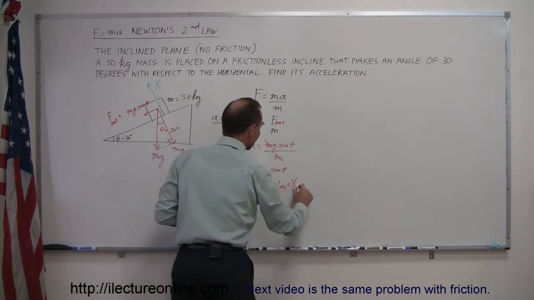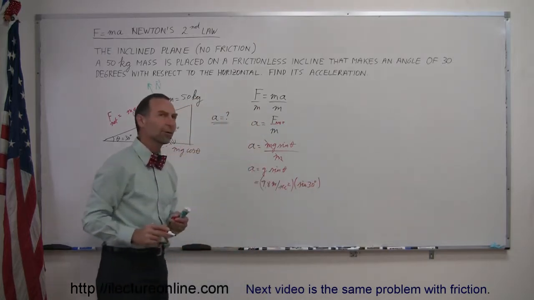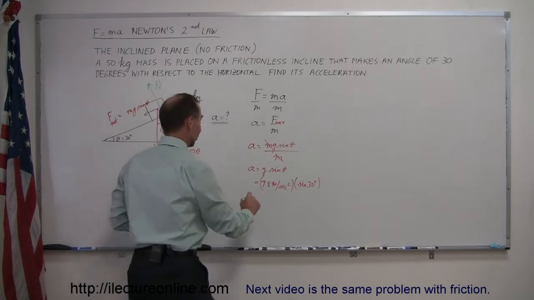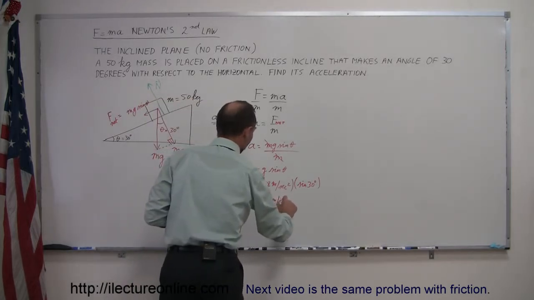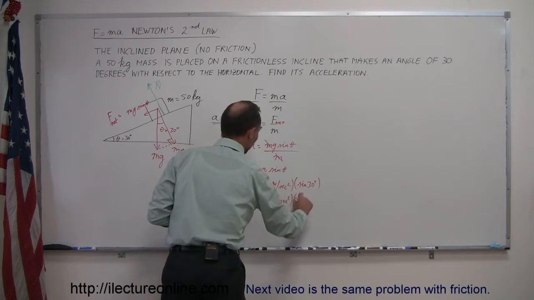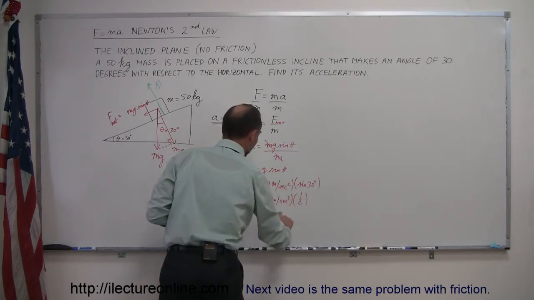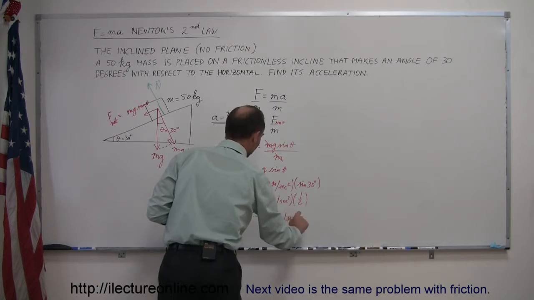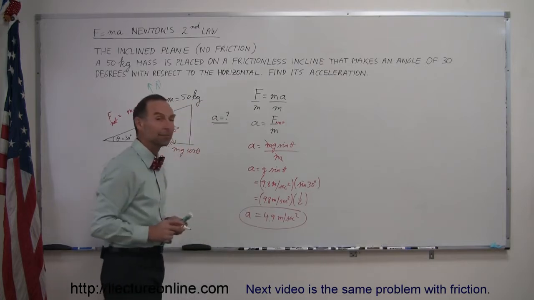And the sine of theta is now the sine of 30 degrees, which is 1/2. So this is equal to 9.8 meters per second squared times 1/2, which is 4.9 meters per second squared. And that is the acceleration of the mass on that inclined plane.